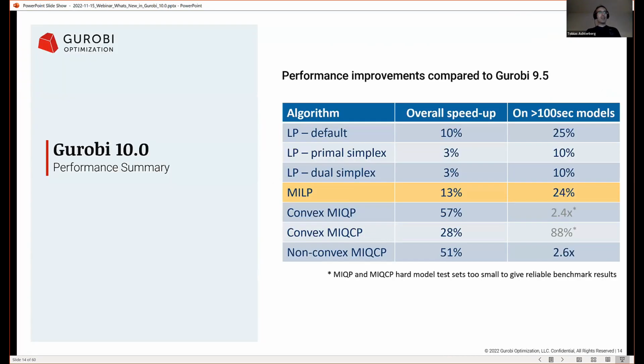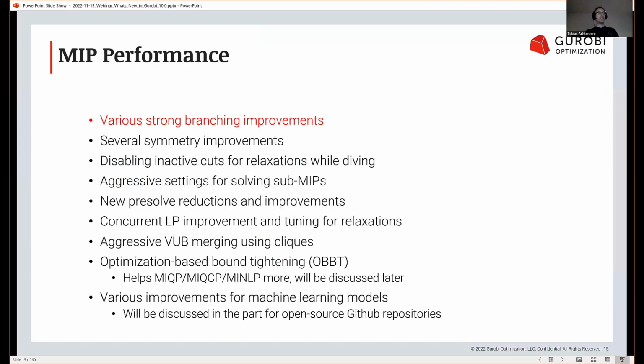Okay, now the MILP performance improvements. This is typically, as usual, a very long list, so we only list the main ones, and there are a number of tiny, small changes that improve performance only a little bit, but still they sum up. From this list of things, I will only talk about the first one, the strong branching improvements.